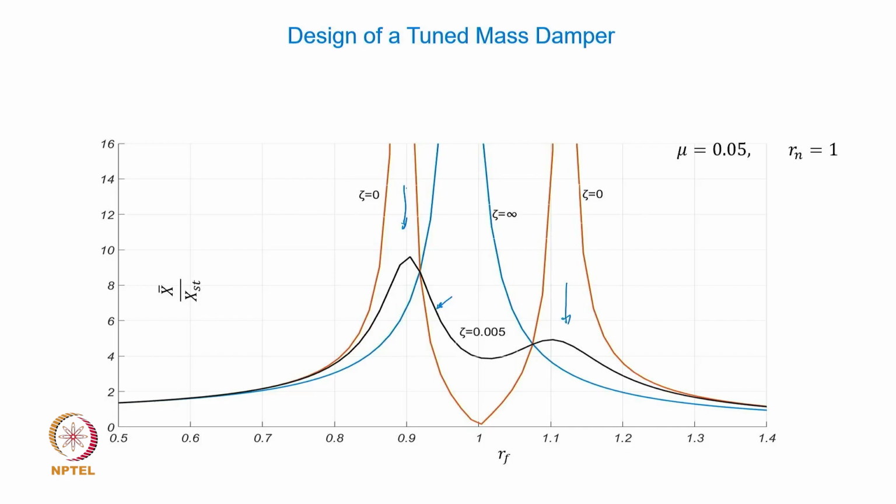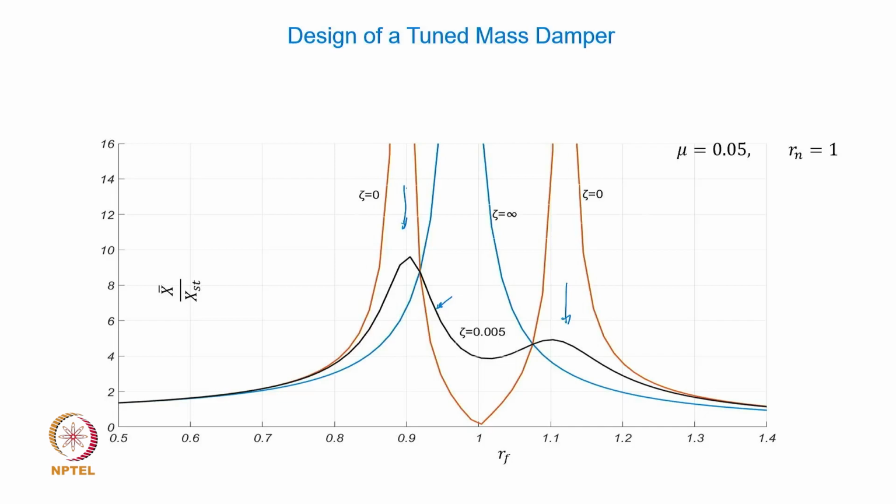So you have a more appropriate response which is not reaching infinity at any RF value. So as expected, a dashpot or a damper, introduction of the damping element, will contain the vibration response at resonances, which is what is happening here.